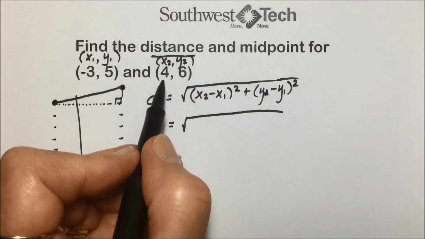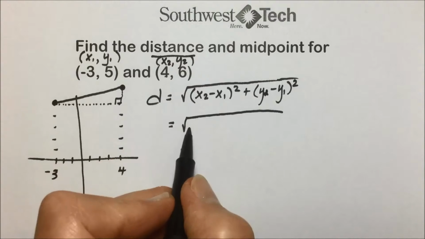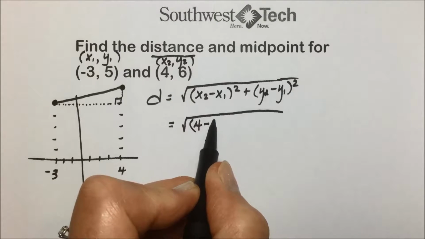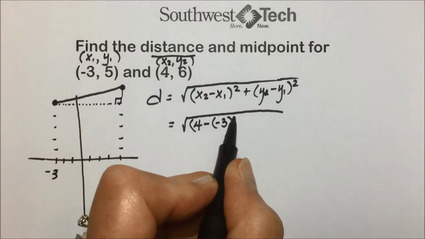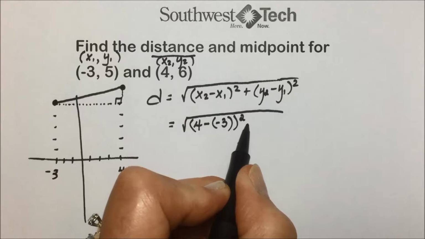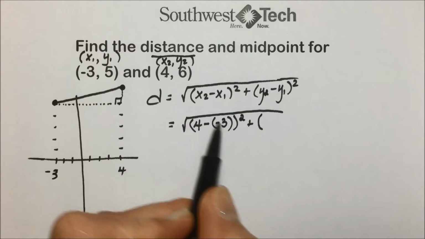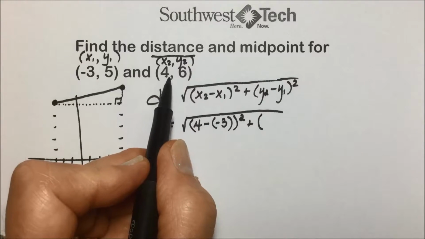I assigned the x sub 2 for this x coordinate, so we'll start out with the 4 minus the -3, which is the other x value, squaring that difference, plus starting with the y that goes with the first x that we used.